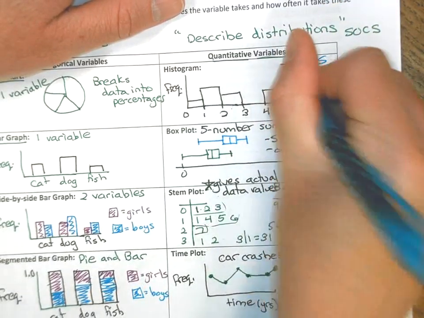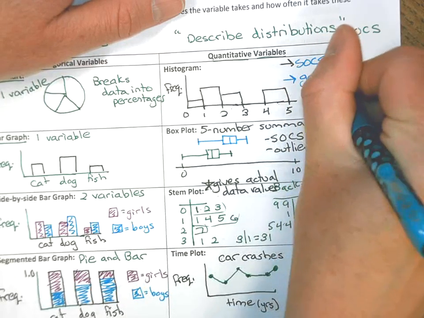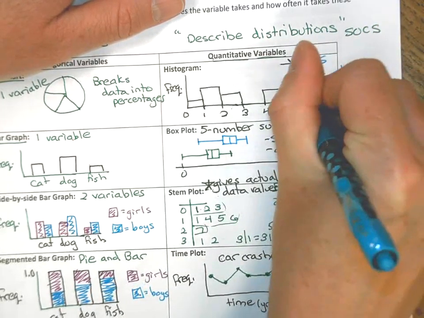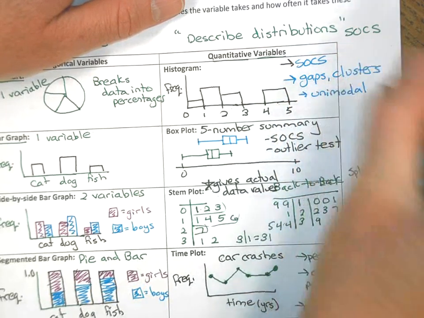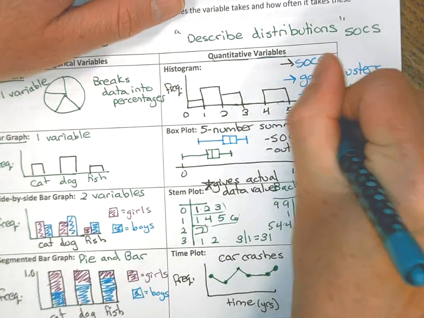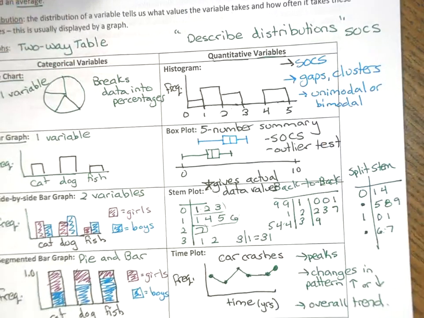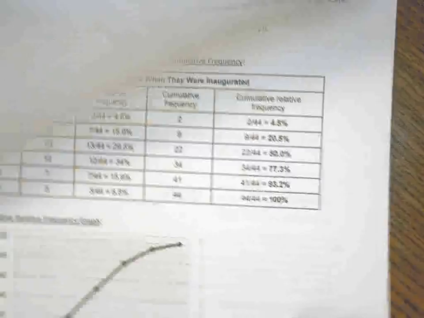You're going to want to talk about gaps, clusters, whether or not it's unimodal, bimodal. These are the things that you cannot tell from a box plot. Okay, so that's pretty much all your graphs. Very thorough, lots going on there.